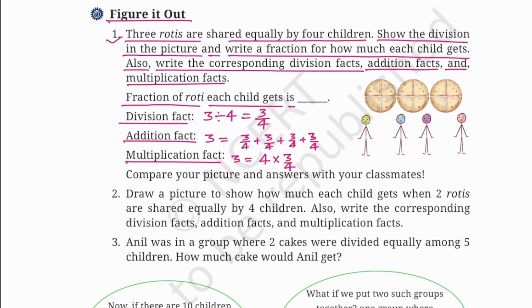You can do it in another way. 1 roti has 4 quarters. 3 rotis will have 4 into 3, that is 12 quarters. 12 quarters have to be split into 4 parts. So you have to divide it by 4. The answer will be 3/4.